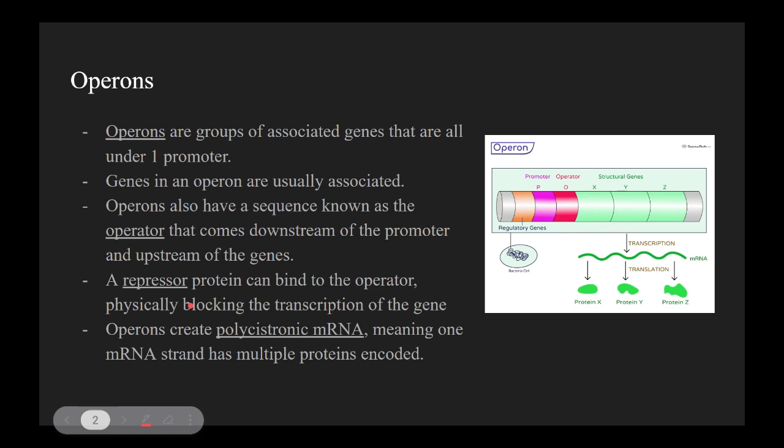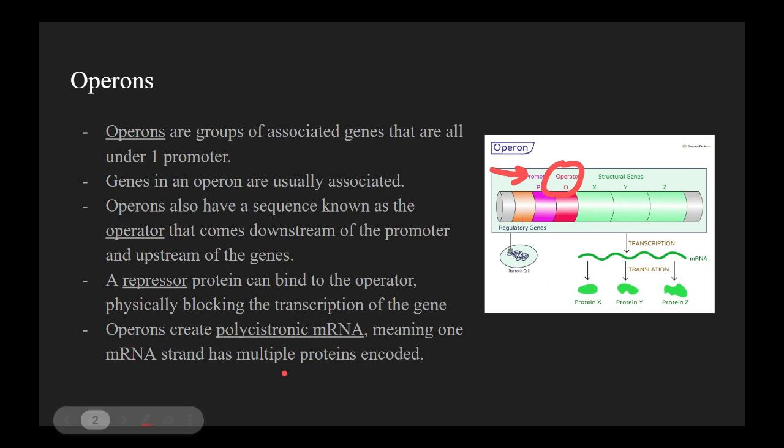And the key is that this operator is where a repressor protein can bind. When a repressor binds to the operator like this, it inhibits the activity of RNA polymerase because it's literally physically blocking the genes from being transcribed by RNA polymerase. This will be the key idea that we'll look at in a second.